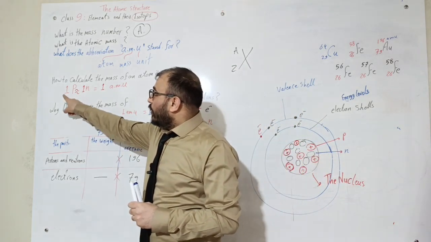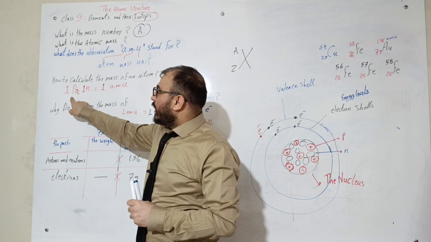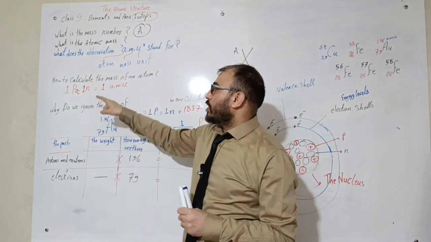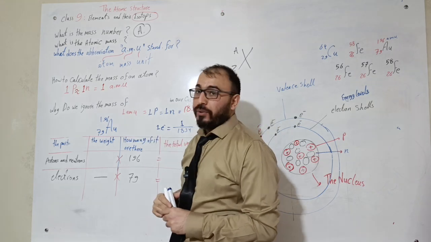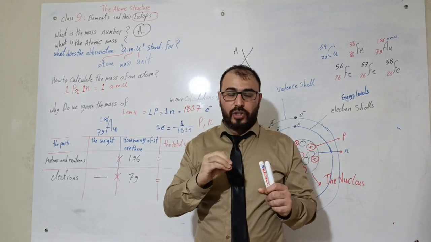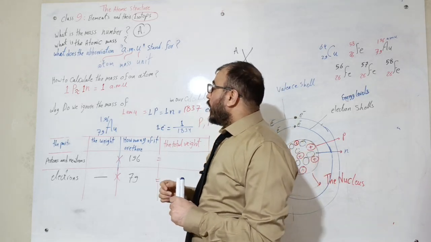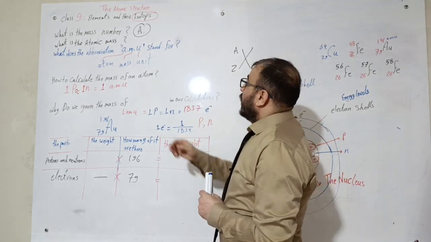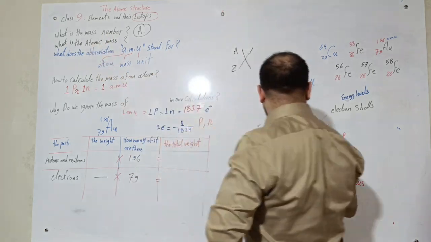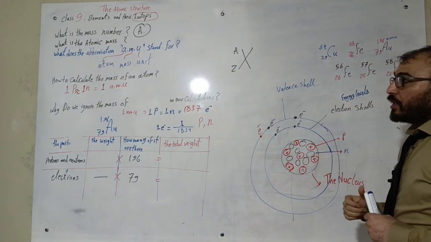We said that the mass of one proton is nearly or approximately equal to the mass of one neutron, which is equal to 1 AMU. So we started measuring from the subparticles which are in the nucleus. And then we said that the atomic or the mass number is the number of protons and neutrons inside the nucleus.